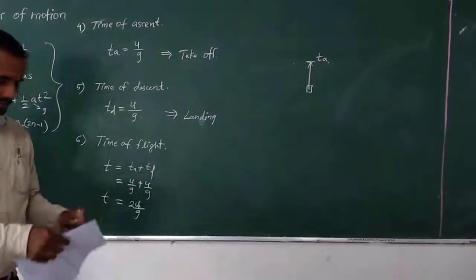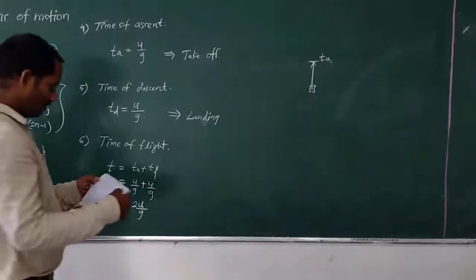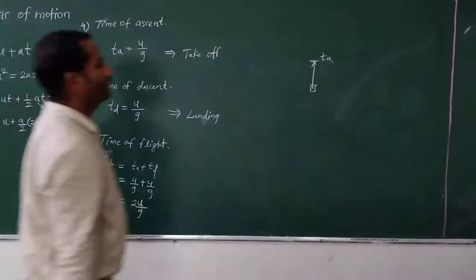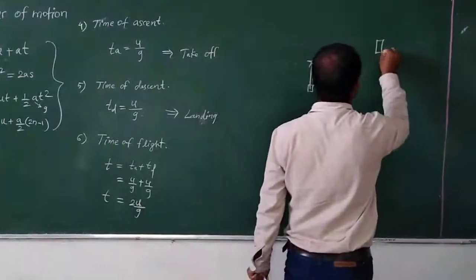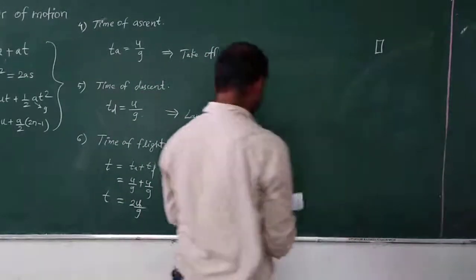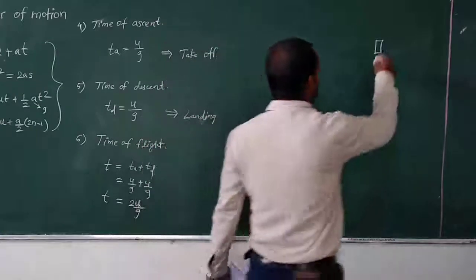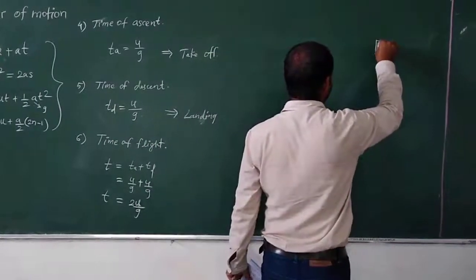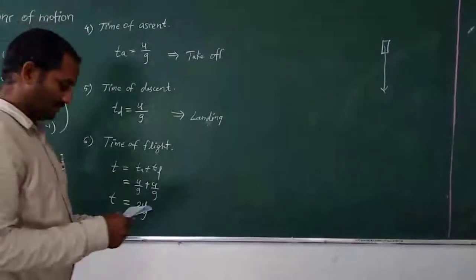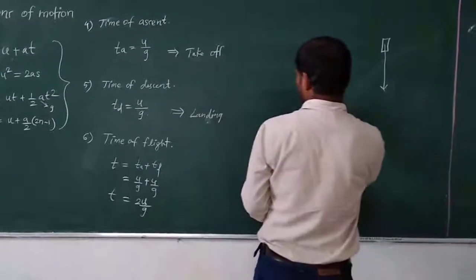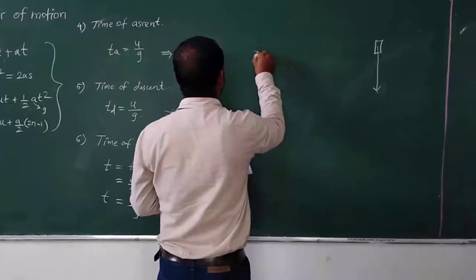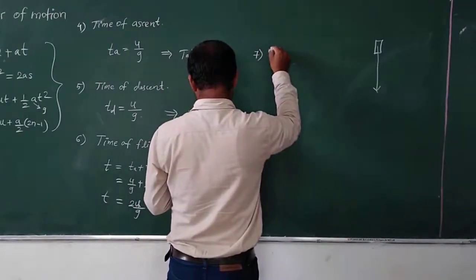Okay, then next one is velocity on reaching ground. When a body is dropped from some point, suppose, again I am taking the example of chalk. I am dropping this chalk from here, so it will come down due to Earth's gravitational force. This is number 7, velocity on reaching ground.